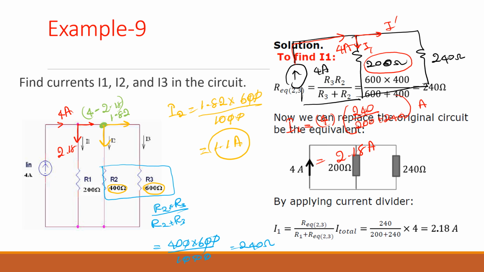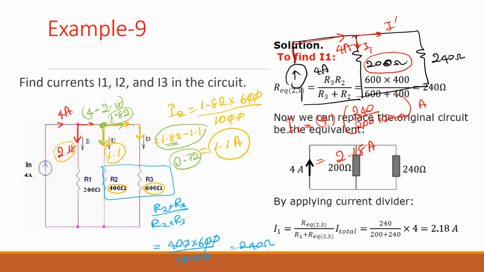So you can see 4 amps is divided between the three resistors in this way. I2 is 1.1, so the I3 should be 1.82 minus 1.1, which is equal to 0.72.